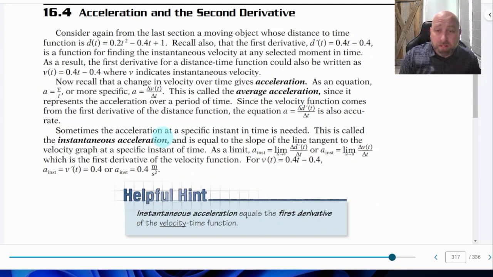For example, 3 seconds into your trip, or when you leave somewhere, how fast were you going at that very moment? It depends on what you're looking for. They use this in rockets and space exploration and all kinds of different applications. Calculus is actually used in an amazing amount of things that you don't even know it's being used in.